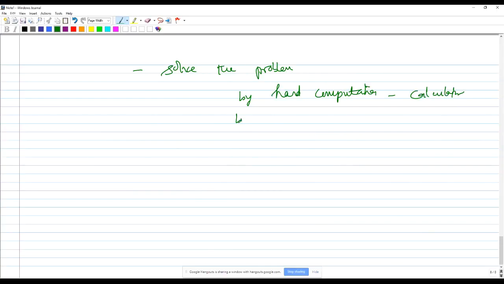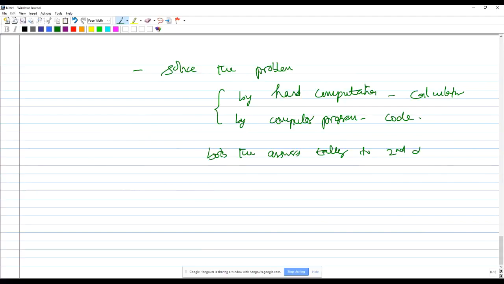The same problem by computer program which has been given to you as an open source code. You will appreciate that both the answers tally to second decimal place.